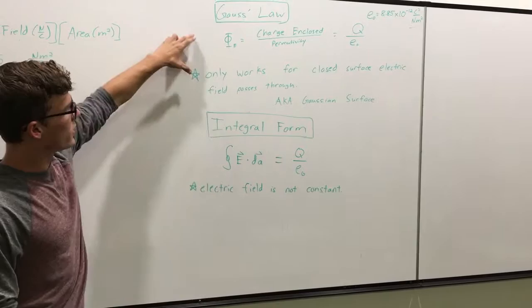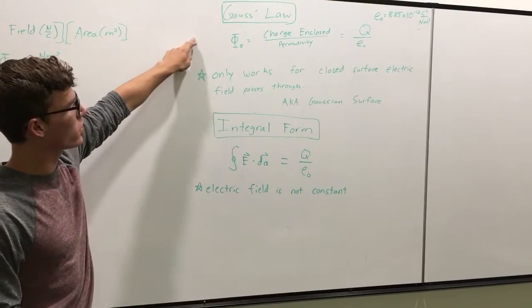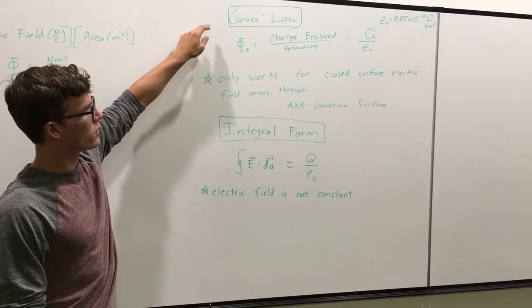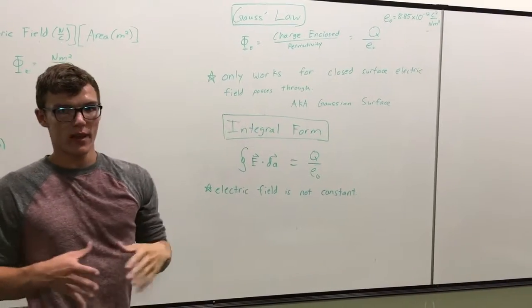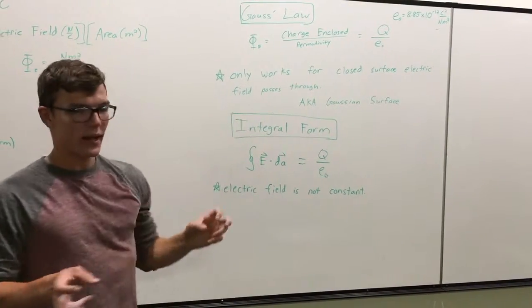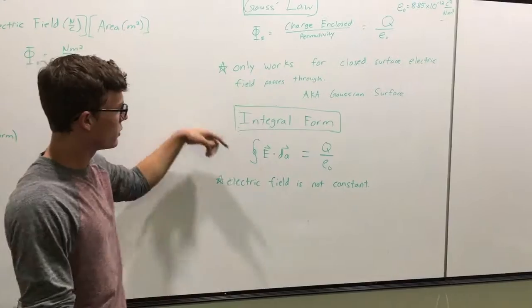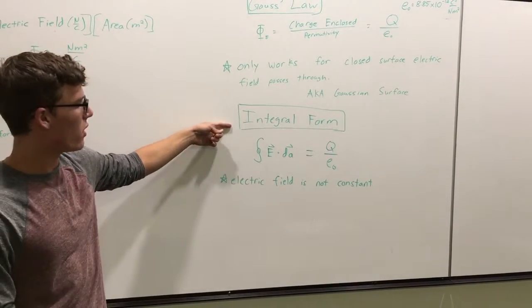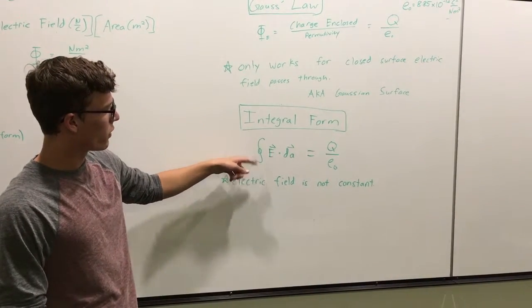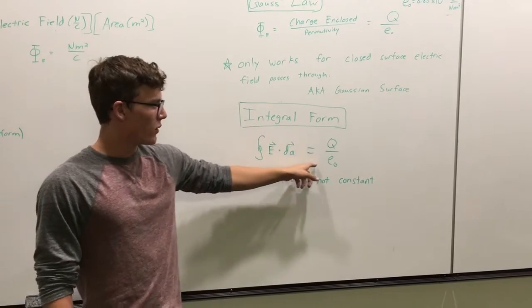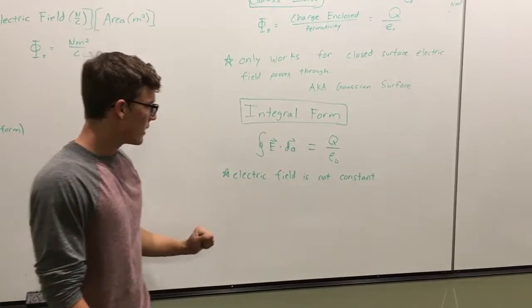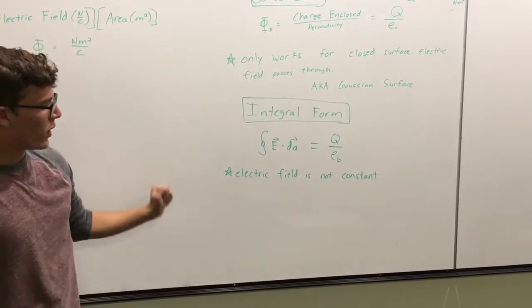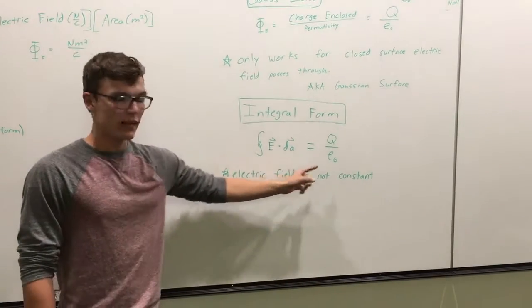This form of Gauss's law only works for closed surfaces that the electric field passes through, also known as Gaussian surfaces. The integral form of Gauss's law is the area integral of E dot dA, which then gives you Q over E naught. You use this integral form where the electric field is not constant.